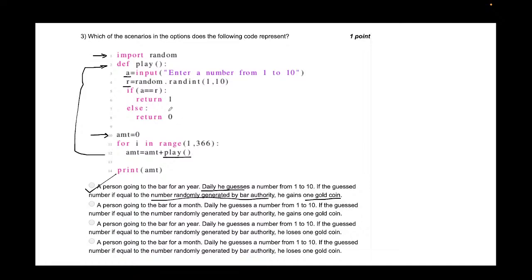Play returns 1 if A is equal to R, so that 1 will be added incrementally for 365 days. That's why it's for a year. We identify the period as 1 year based on the range of this loop, 365. So 365 times this operation is repeated. Daily he is doing this guessing game.